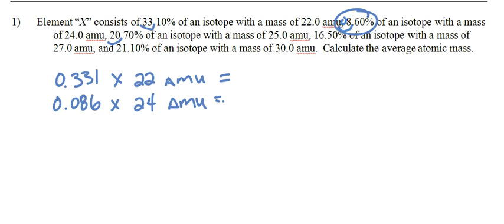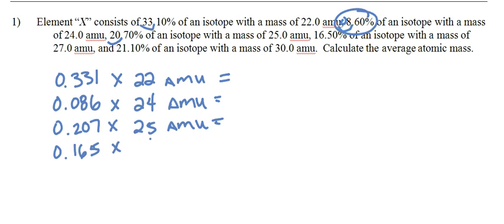Okay, and then we have 20.7% of 25 AMU, and then we have 16.5% of 27 AMU. And then we have 21.1% of 30 AMU.